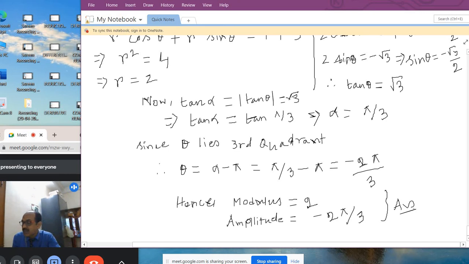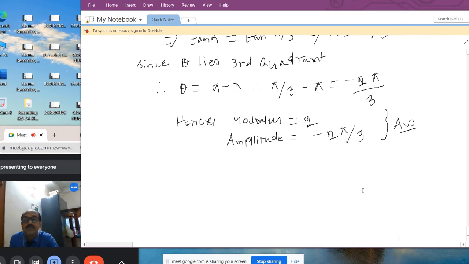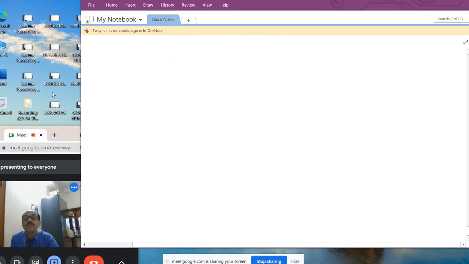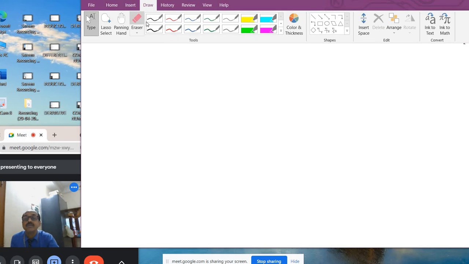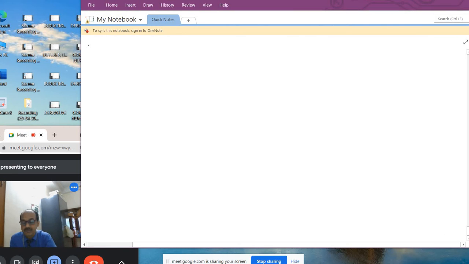Number 2: z is equal to minus root 3 plus i.